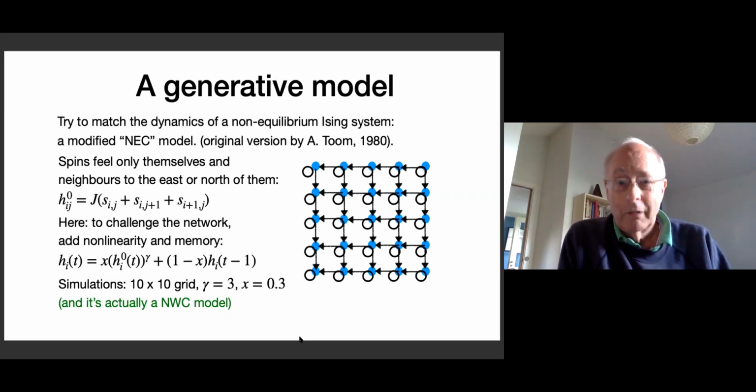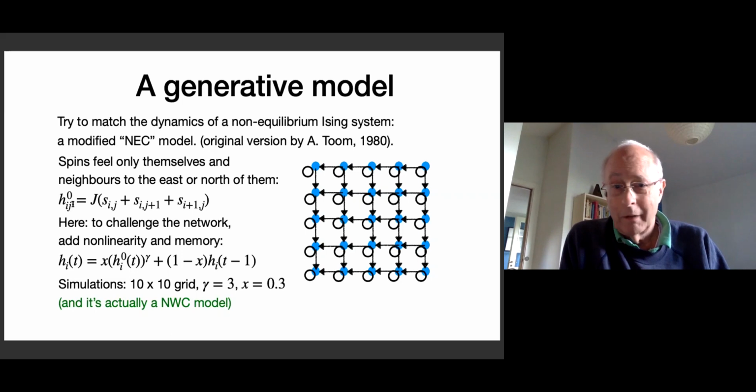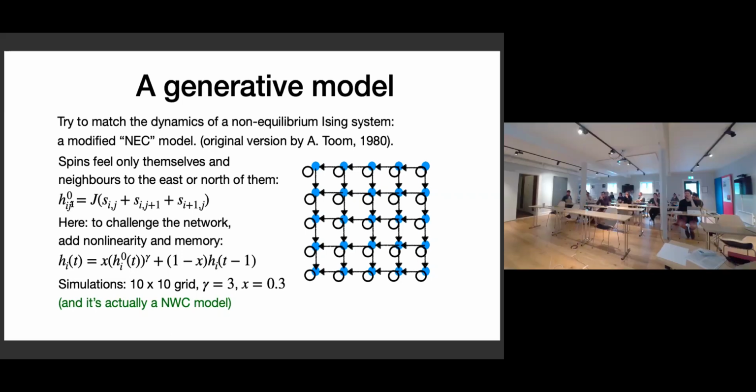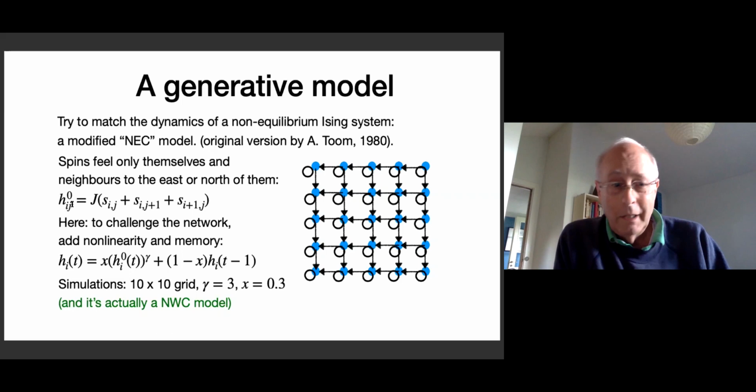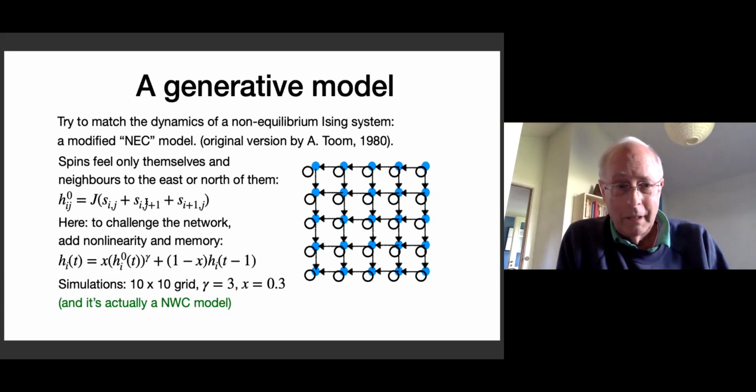The arrows in this graph are trying to show you. They also feel, as the circle indicates on each one, themselves. The field on the spin at point ij, where you need two numbers to say a point in the lattice, you get just from summing up its own value with the values of its north and east neighbors.